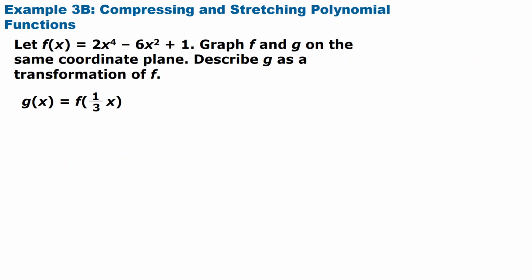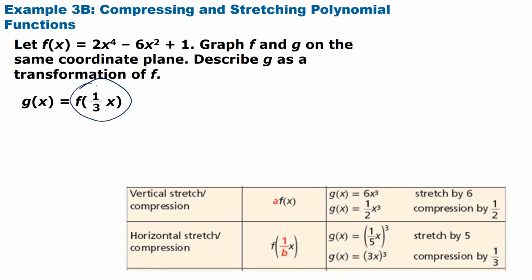All right, so this one's a little bit different. This time, we're dealing with the horizontal part, because notice this is snuggled up with my x. But remember, horizontal is horrible, so we have to take whatever this is and put it over 1. So we're actually going to say 1 over 1/3.